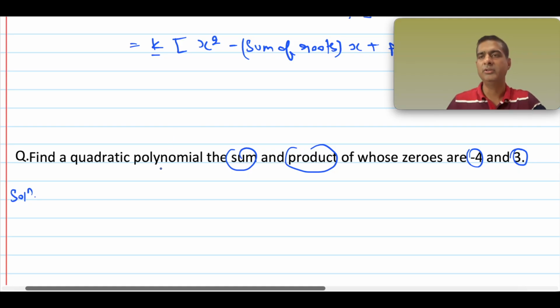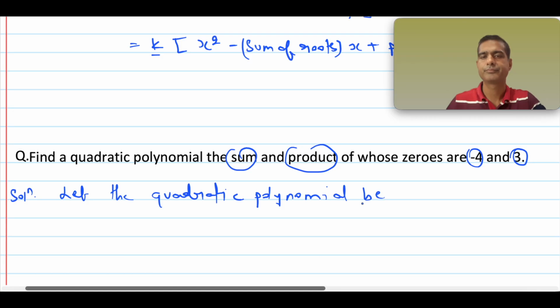In the earlier question, we saw that if we know the sum and product of the roots of a quadratic equation, we can write that quadratic equation. Let the quadratic polynomial be p of x.